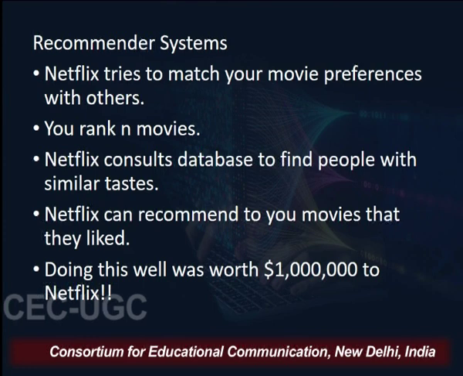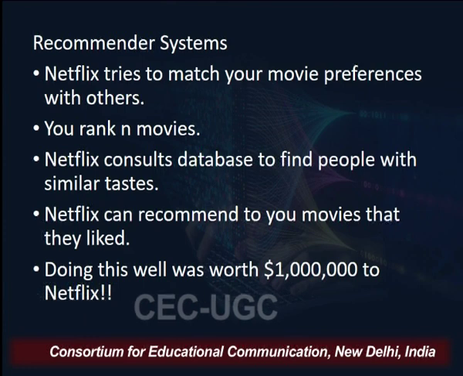If Netflix does this in an efficient manner, doing this well was worth $10 lakh to Netflix. So recommender systems is one of the very famous usages of this counting inversion problem.